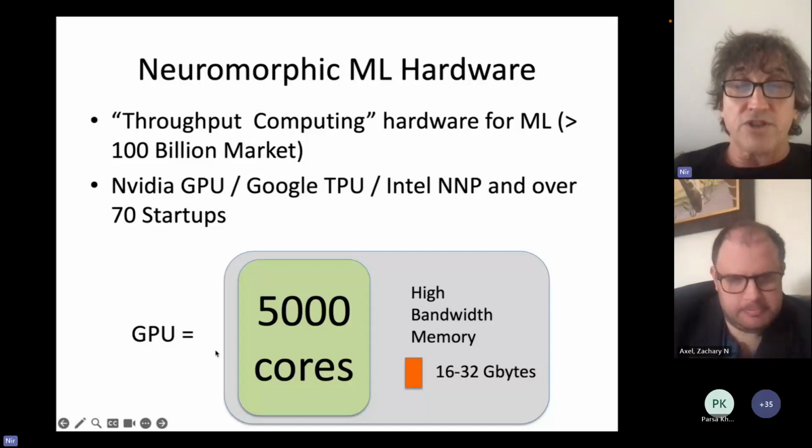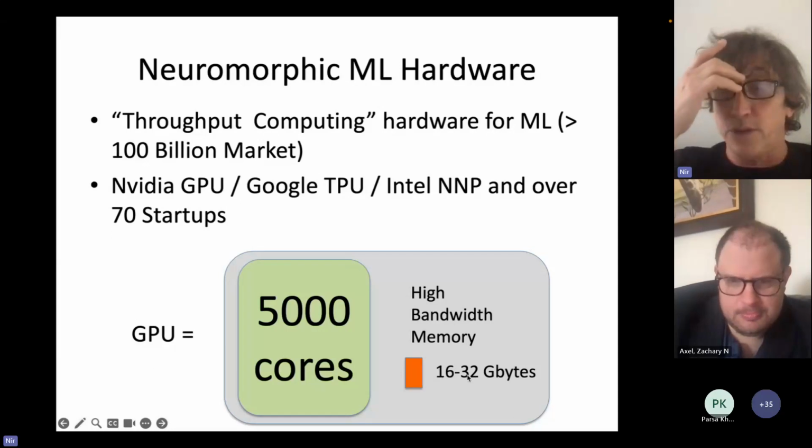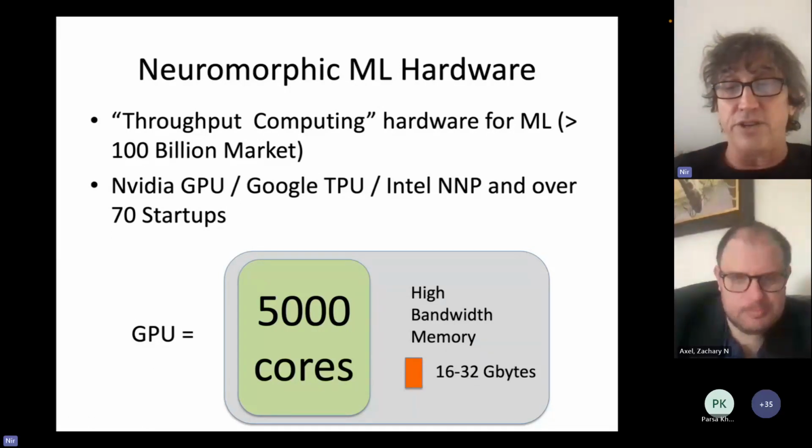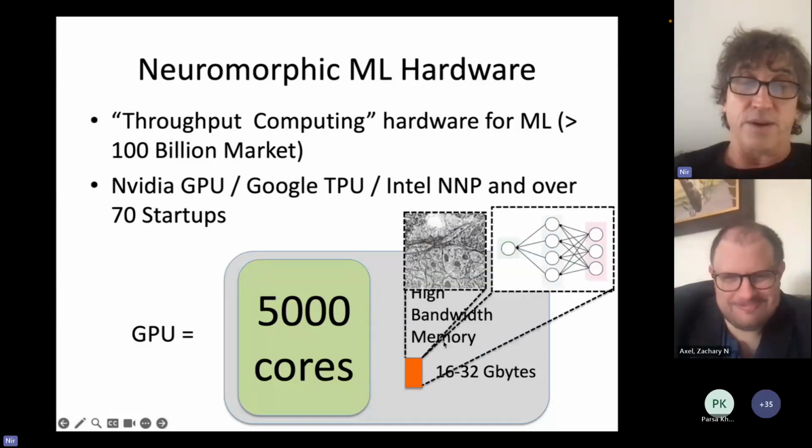Okay. Your typical GPU has thousands of cores, connected with high bandwidth memory. Typically, if this is your GPU that you have access to, it's probably 16 to 32 gigs. If you're richer, you can get an 80 gig one.